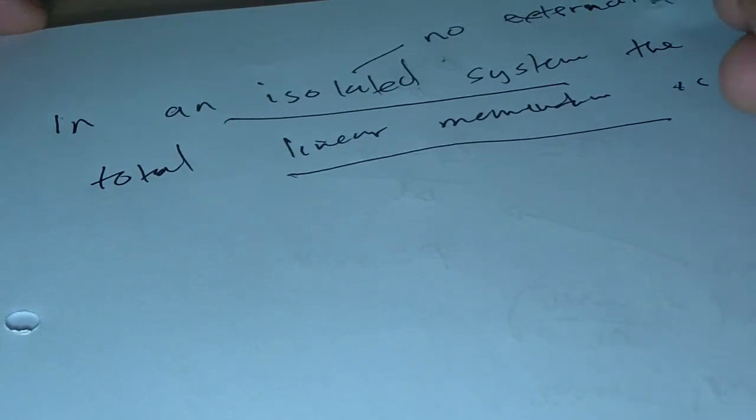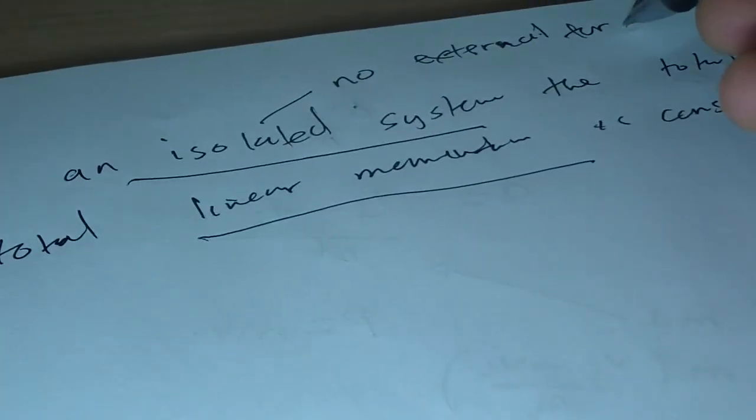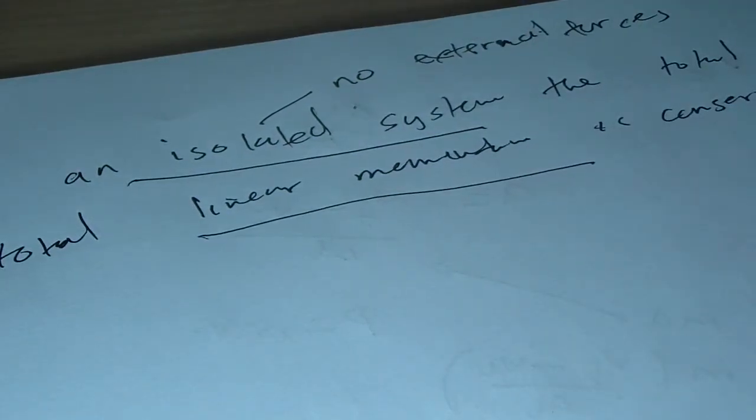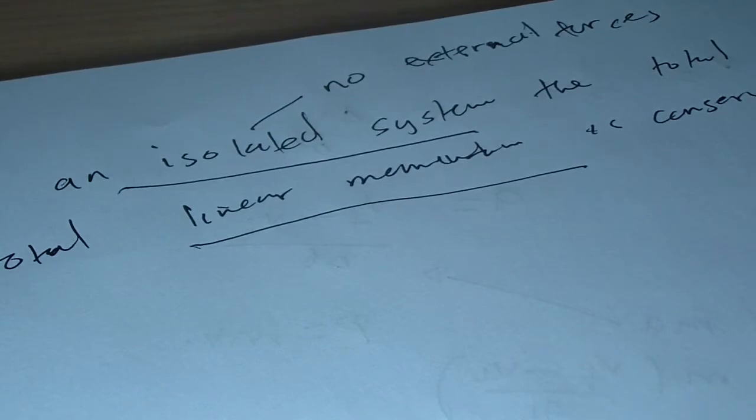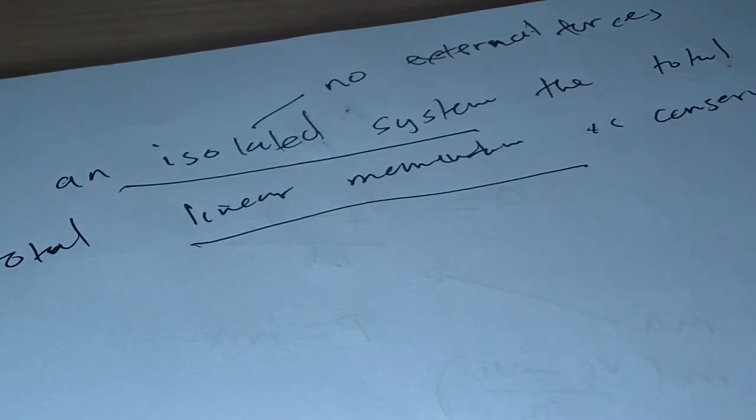This is very, very important. In a question, they can ask you to define isolated system. What does the term isolated system mean? You simply say this means that there are no external forces acting on a system or on an object.